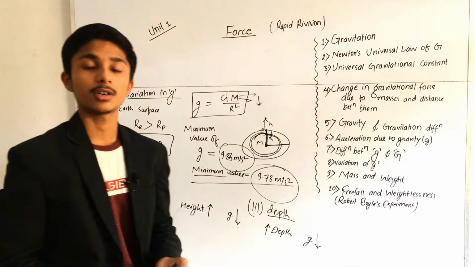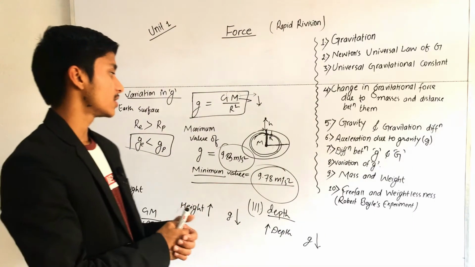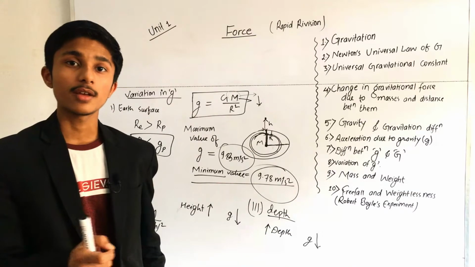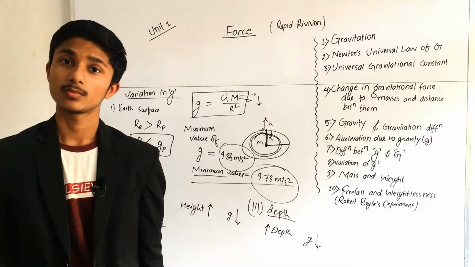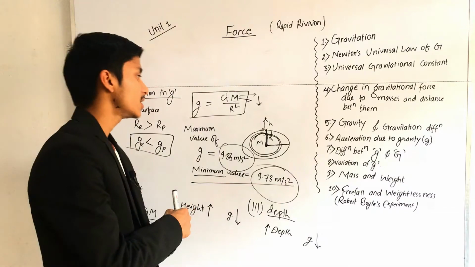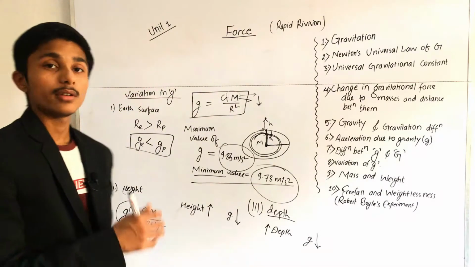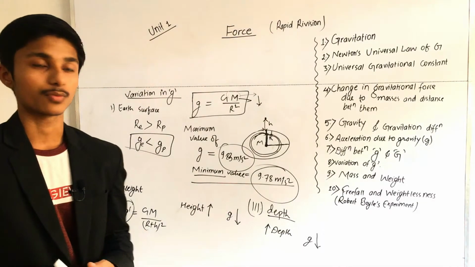One thing you remember, you may be asked one question, that is what are the places where value of acceleration due to gravity is 0? Then what you will tell? You have to tell in 3 cases the value of acceleration due to gravity gets 0.